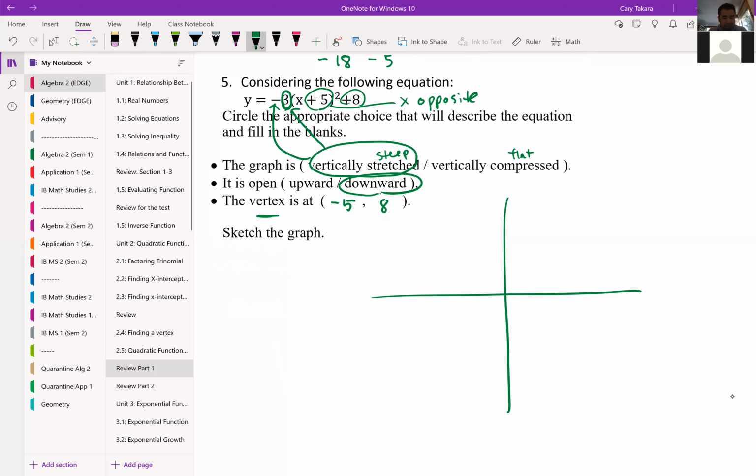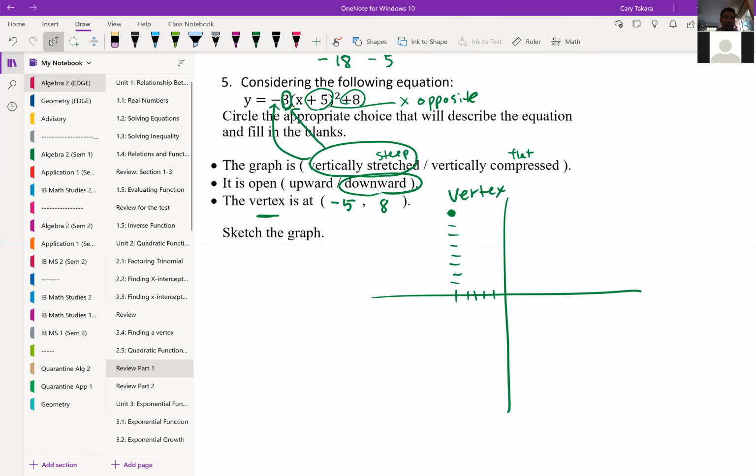Have you guys all located the vertex? -5 and 8. 1, 2, 3, 4, -5. 1, 2, 3, 4, 5, 6, 7, 8. That's where the vertex is.